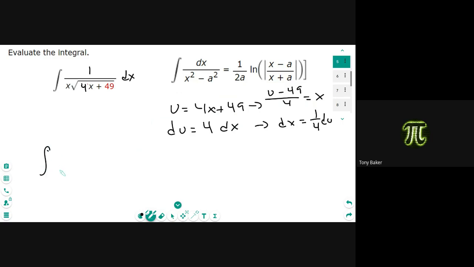So I've got 1 over u minus 49 over 4 times the square root of u, so u to the 1/2, and then I have 1/4 du. So 1/4 outside.